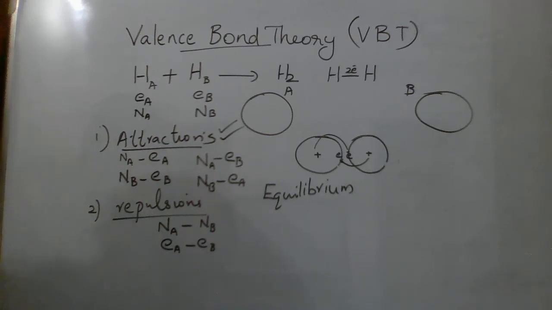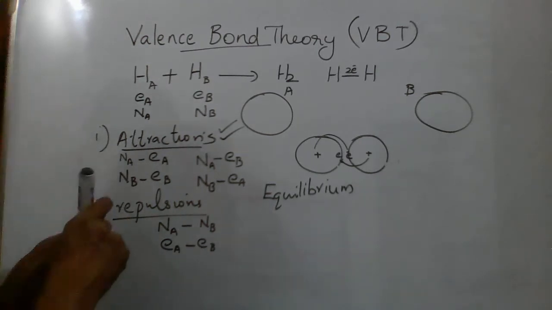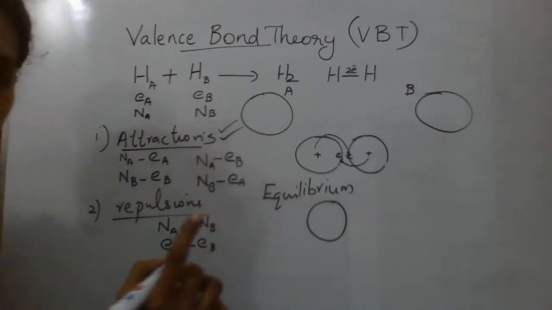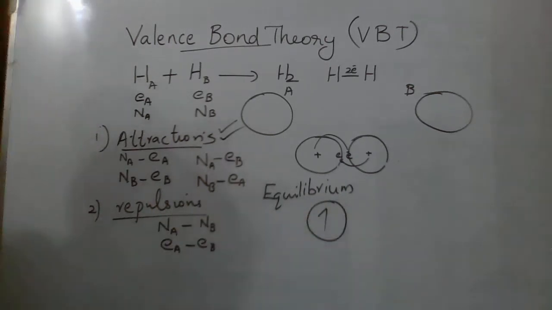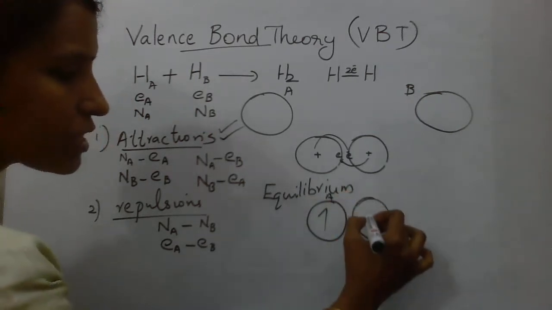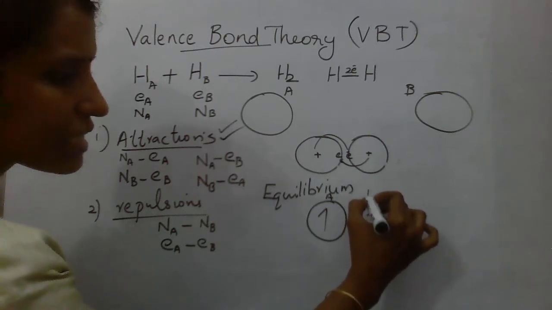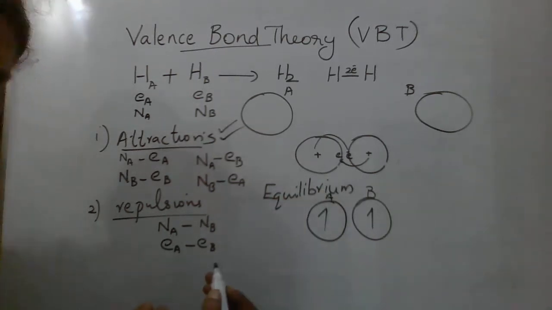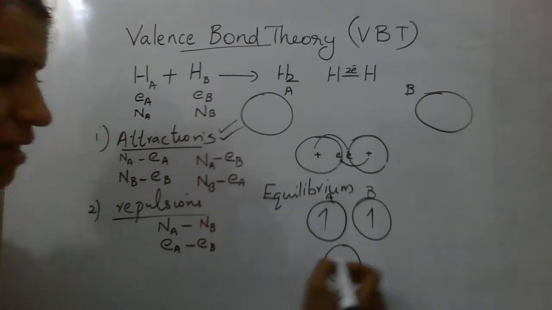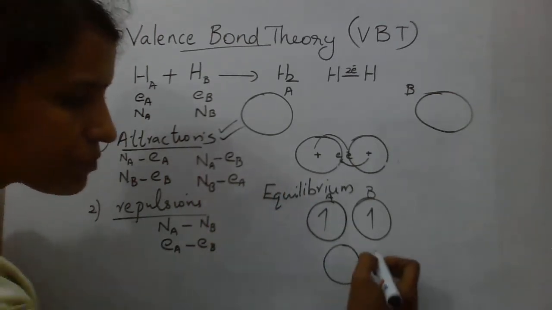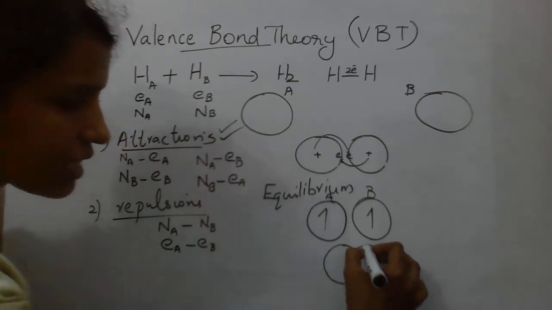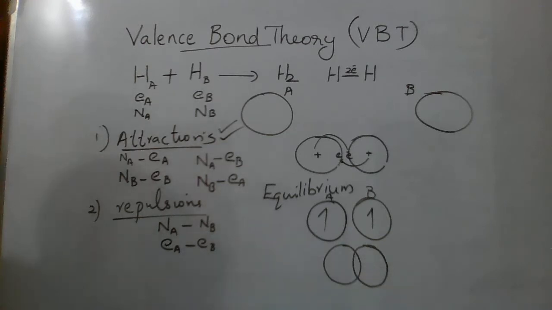Sharing of electrons takes place. This can be explained. We know when two hydrogen atoms come closer, the one s atomic orbitals, which are half filled, right? Let this be the one s atomic orbital of hydrogen atom A. This be the one s atomic orbital of hydrogen atom B. When they come closer, the one s atomic orbital with one electron of the first hydrogen atom partially merges with the one s atomic orbital of the other atom.